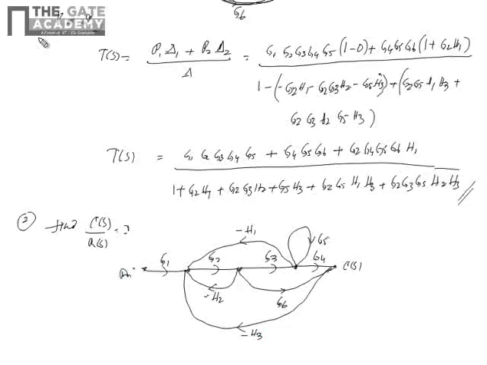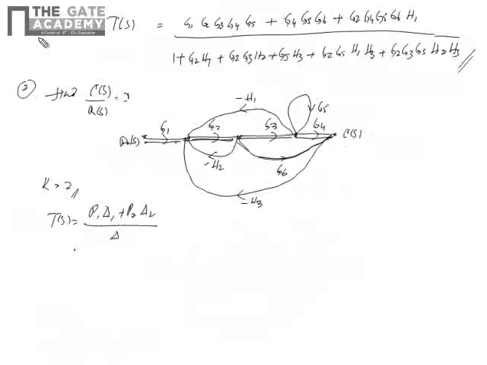First, this is Rs input. So G1, G2, G3, G4 is the first forward path. The next, G1, G2, G6, is the second forward path. So K value is 2. Now Ts equals P1 delta 1 plus P2 delta 2 divided by delta. Now what is P1?